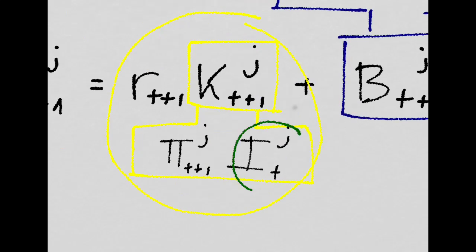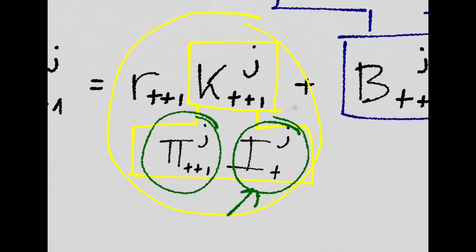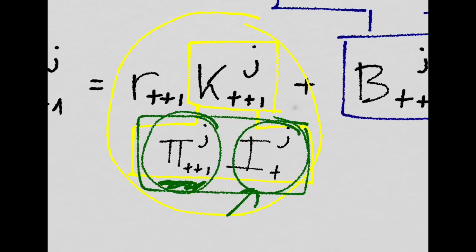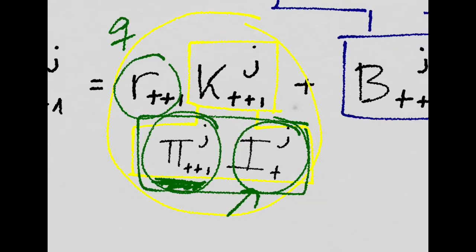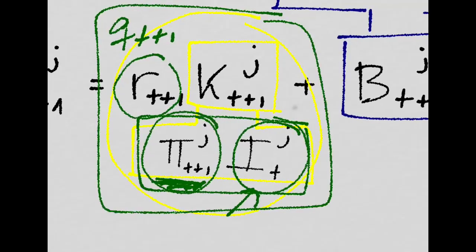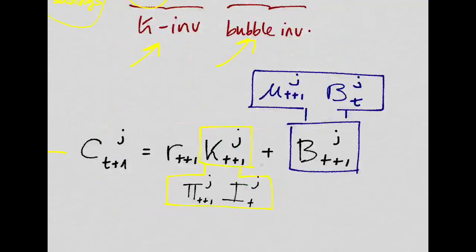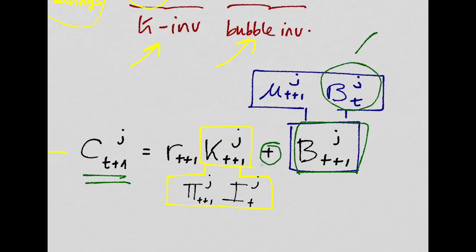Remember, you invested this amount, and you were able to use this amount to produce all this capital in the future because you were pi productive, and then you sell it in the market by this price, qt plus 1. So this is the amount of cash that you get in the future for producing capital. Now you can also consume a little extra because you bought bubbles. You bought this amount of bubble, and for every bubble you're able to gain this amount.